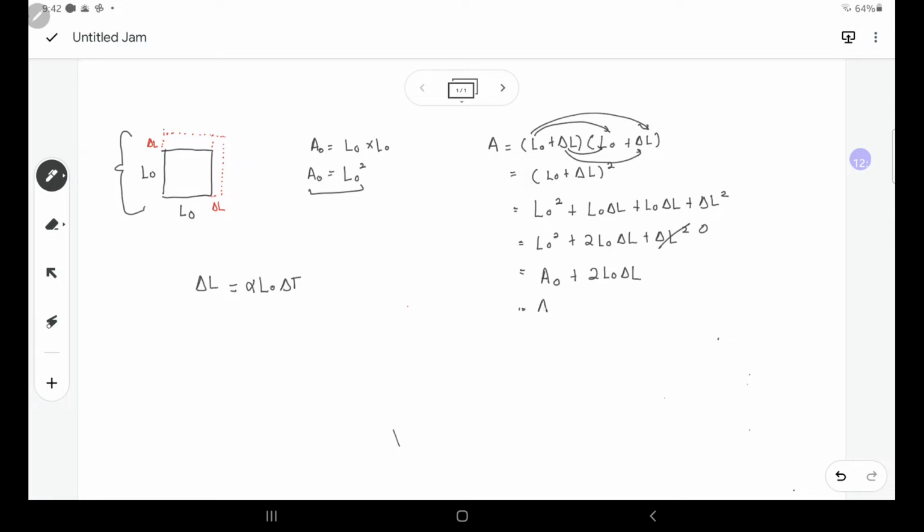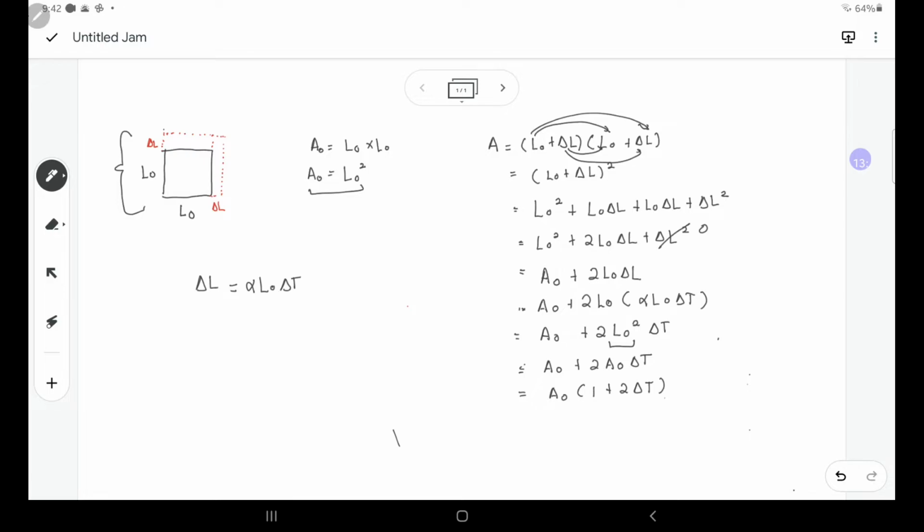So you get A naught plus 2 L naught alpha L naught delta T. So 2 L naught square delta T, and this L naught square is equal to A naught. A naught plus 2 A naught delta T. So factorize A naught, you will get 1 plus 2 delta T.